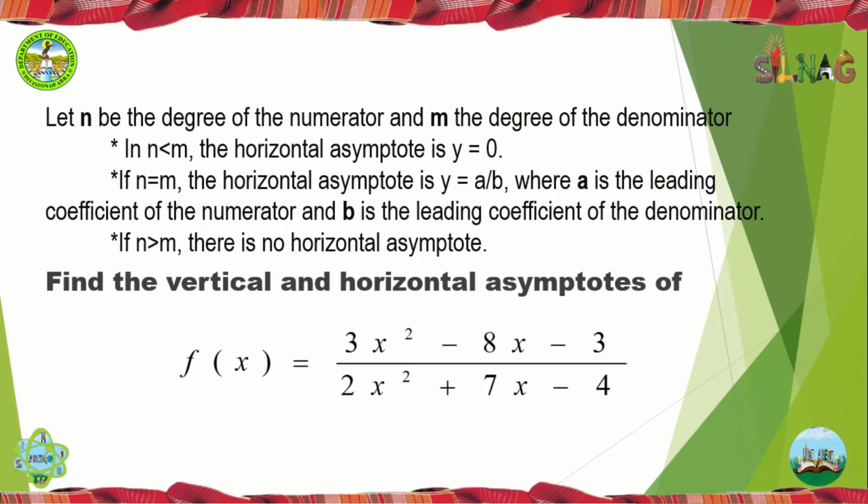So let us find the vertical and horizontal asymptotes of f of x is equal to 3x squared minus 8x minus 3 over 2x squared plus 7x minus 4.